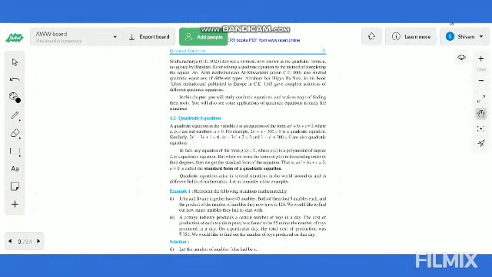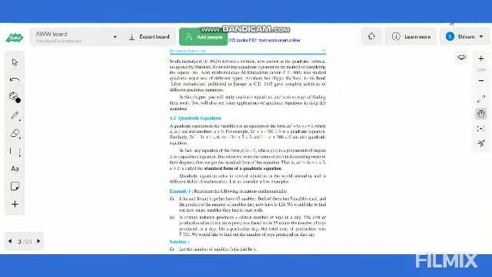Here in this chapter we learn about quadratic equation, their standard form, finding their roots or solution by different methods, and also applications of quadratic equation.